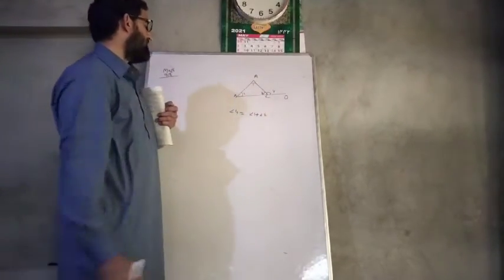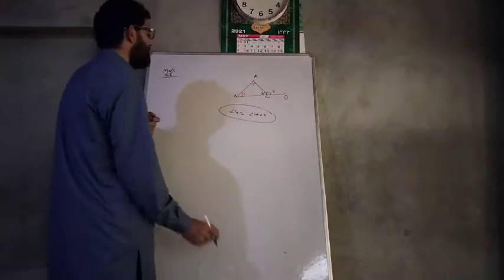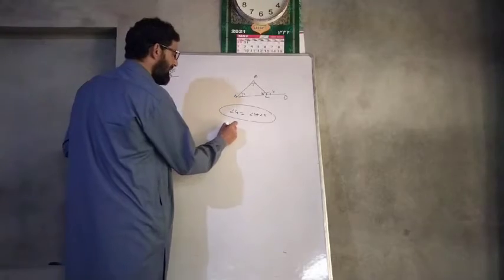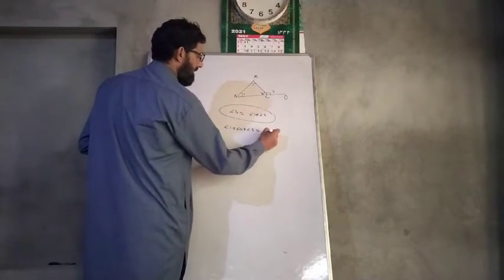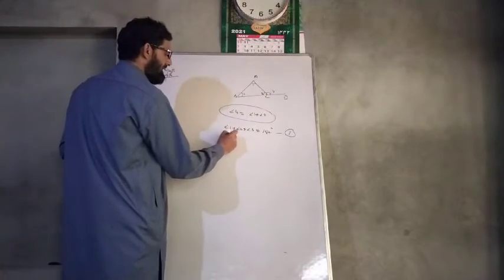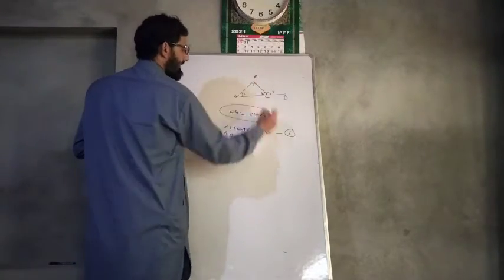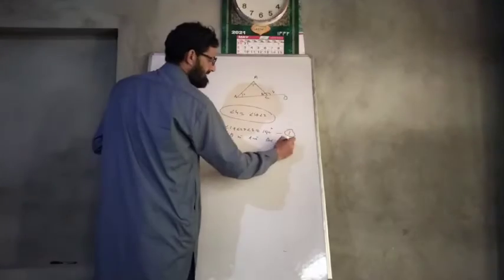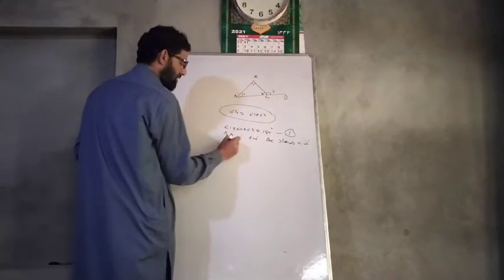Now we have already proved this also. Let us recap this also. We know that angle 1 plus angle 2 plus angle 3 is equal to 180, the sum of angles of a triangle. Now see, BD is a line and AC stands on it, and this is a linear pair.